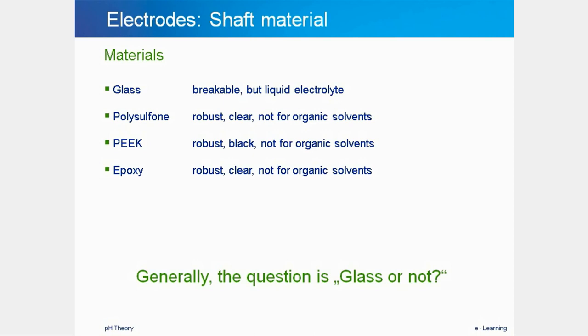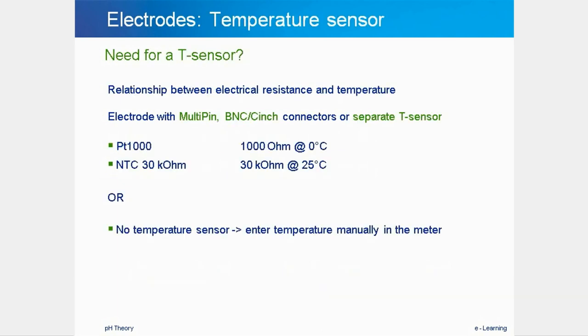All plastic shafts have in common though that they are not suitable for organic solvents, so for measuring these a glass electrode is obligatory. The glass electrodes always have liquid electrolytes. Plastic ones can have a variety of electrolytes. When the sample measured is not at room temperature or is at varying temperatures, a temperature sensor is very useful to perform an automatic temperature correction of the measured pH values.